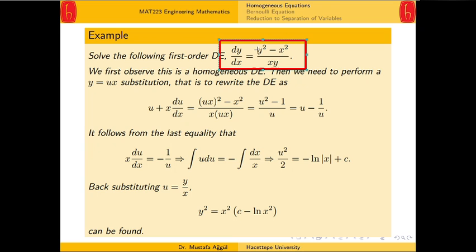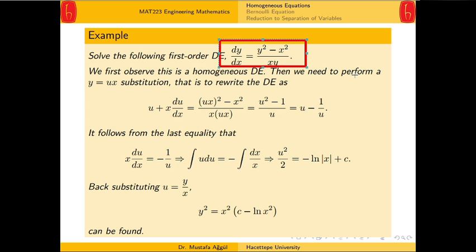T squareds are common, so we take t squared in parentheses here, and we will end up with t squared times y squared minus x squared. On the bottom we have tx times ty, and this is basically equal to t squared times x and y. So t squareds are common, so we cancel them out, and we will end up with the original right hand side. So this is really a homogeneous function, okay.